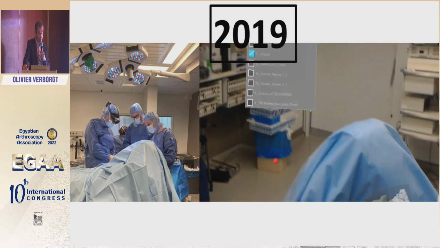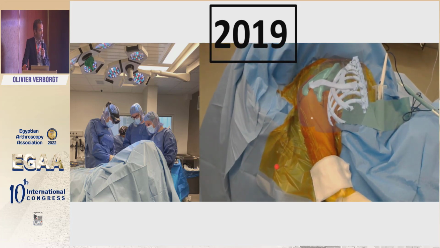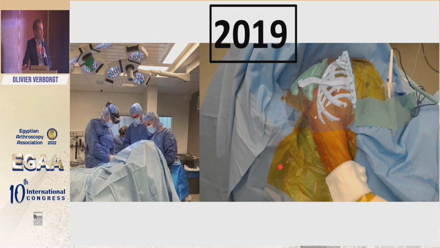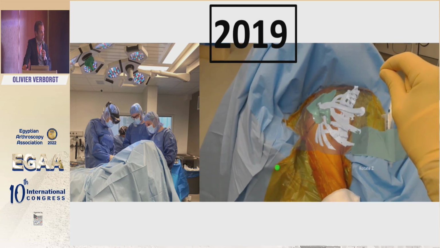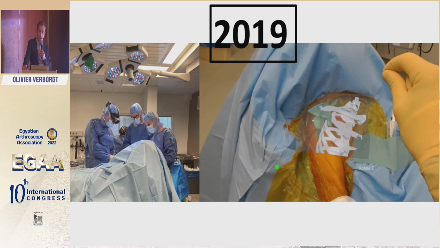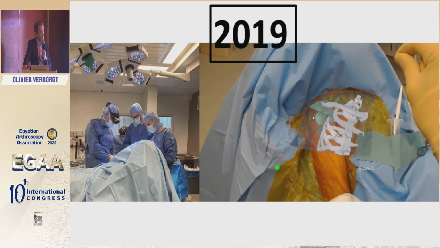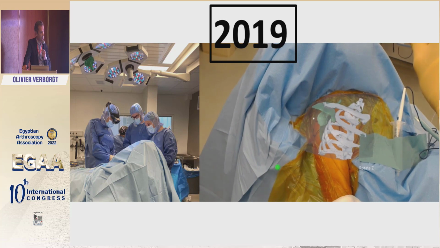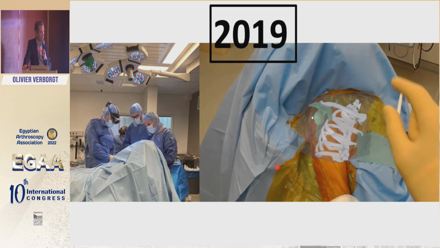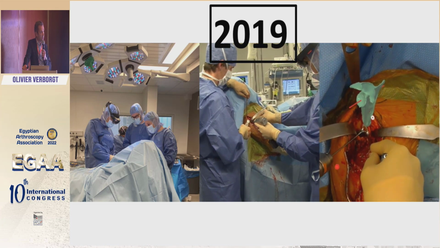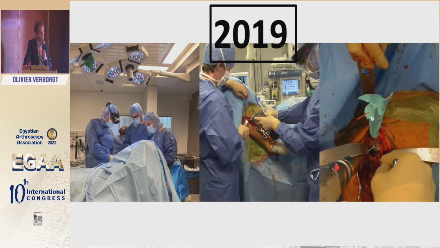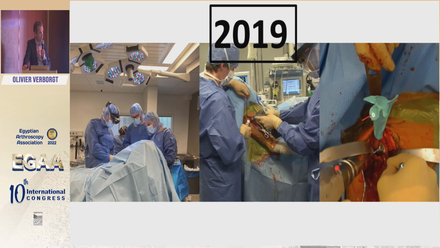We have been using this since 2019. As you can see here, this one was one of the first ones that we used, where we overlapped 3D images on our patient and tried to use it as a sort of guiding technology to get the implantation better. Of course, this is much simpler. This does not need any extra software or difficult technology during the surgery.